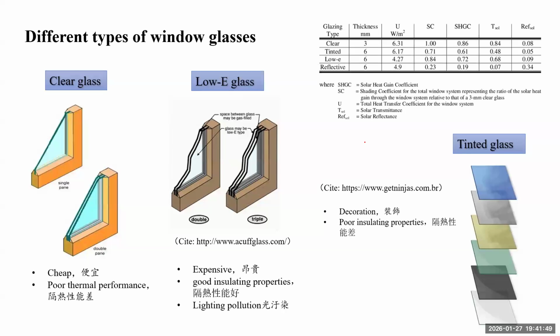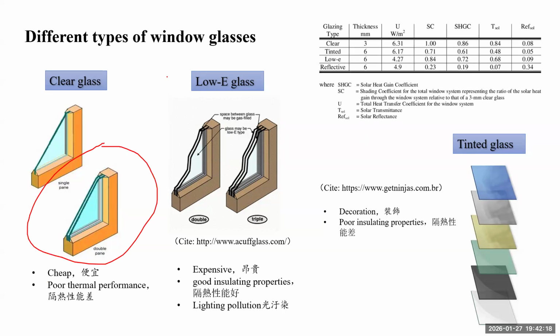So in practice, for our buildings, most of the time we have clear glass and double glazing windows, which have poor thermal performance.